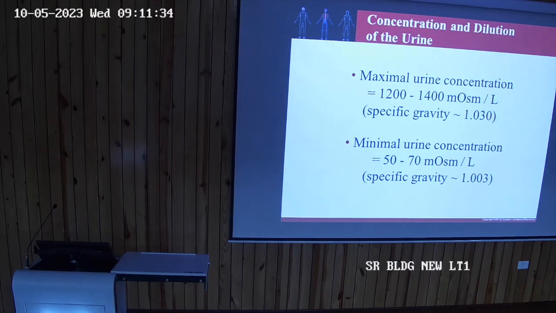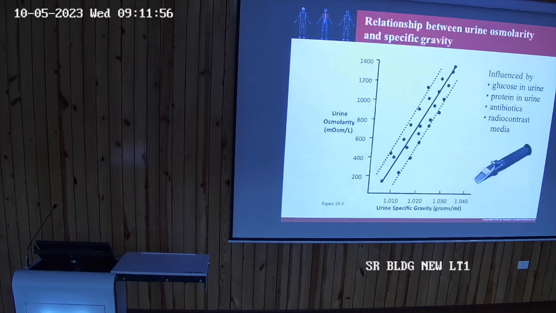Please note the specific gravity of the urine in case of hyperosmolarity, which is 1.030. Minimal urine concentration can be 50 to 70 milliosmoles, and the specific gravity changes to 1.003. Clear?